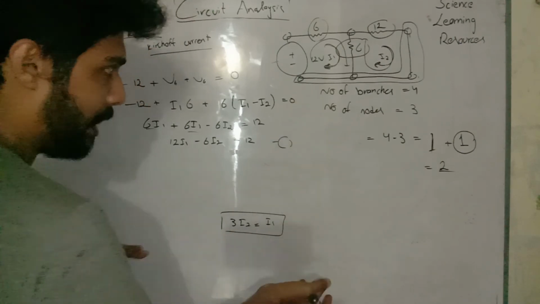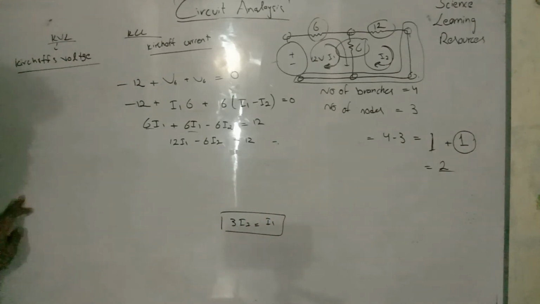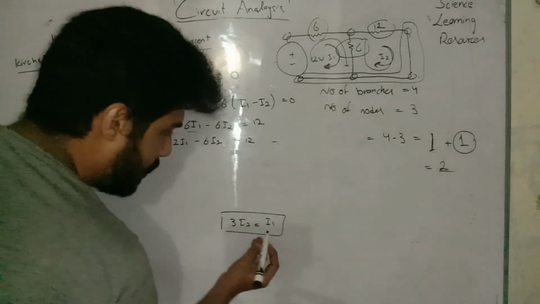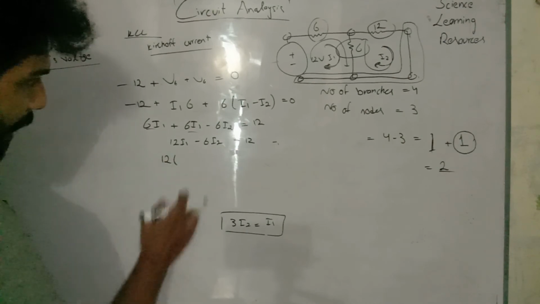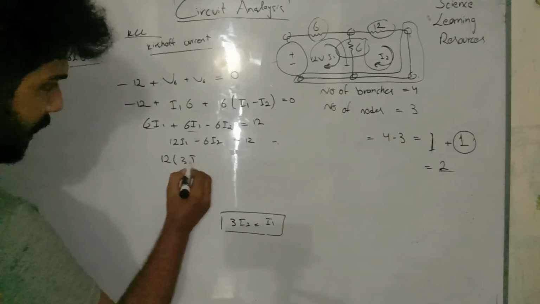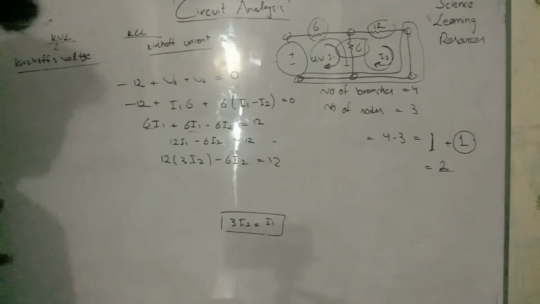That was one equation and that was another equation. Now in order to simplify it, I just have to put I1 equal to 3 I2. So for the 12 I1, I put 3 I2, giving 12 times 3 I2 minus 6 I2 equals 12.